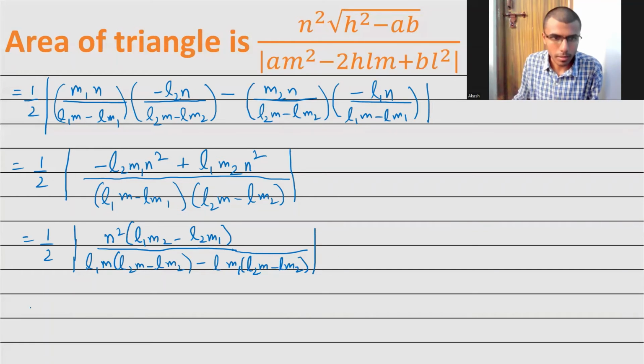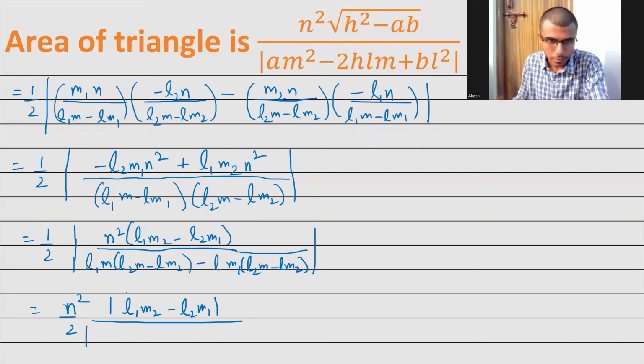So this is equal to half into mod. This n square I can bring outside the modulus. So now this would be mod of L1 m2 minus L2 m1, divided by modulus of the following. L1m into L2m is L1 L2 m square.